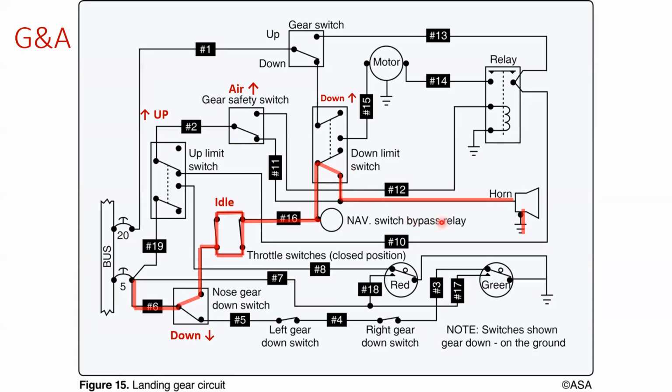Now, this relay here that they call the switch bypass relay would be what I would consider to be a time delay, so that maybe for a minute, 5 minutes, that you push it and the horn goes off. But if we haven't corrected it and done something different, like moving more power or something else, then it'll make the horn go off again.